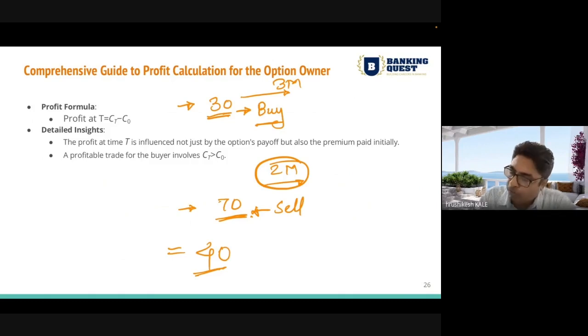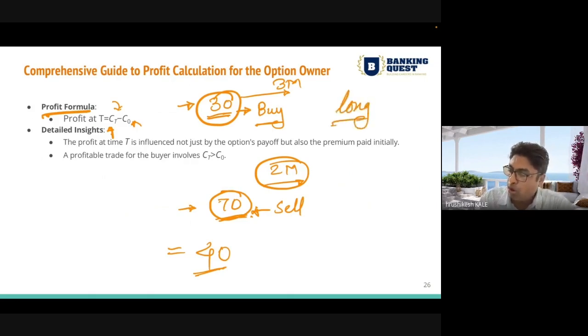And that's the profit formula for calculating option profit. C0 is the option premium while entering into the contract, and CT is the current option premium. So the difference between the current option premium and the option premium at the time of buying is your profit from the long point of view. And how does the premium increase?